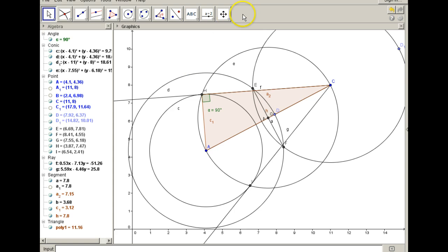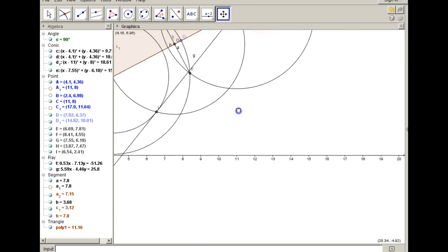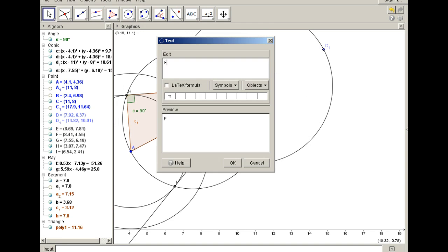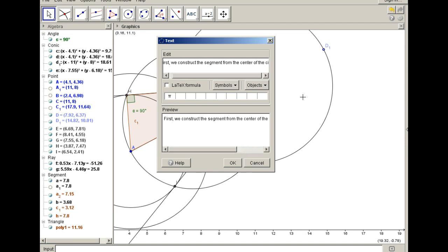Okay? Shall I make the list of steps here? I think so, just to kind of try and help you out. What are you going to have to do? Well, okay, first we construct the segment from the center of the circle to the point outside the circle.